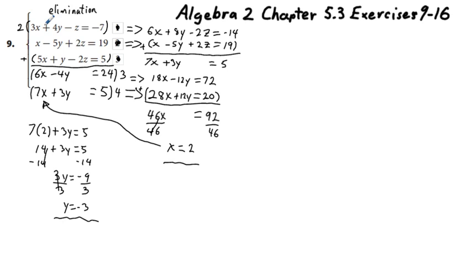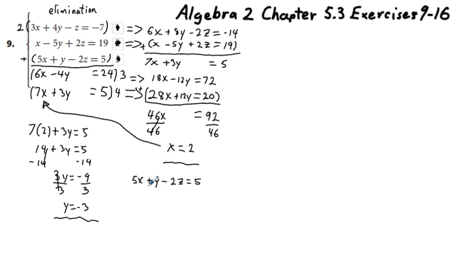And finally, I'm going to take this top equation here, or I can take any one. I'll take this bottom one. I'm going to take this 5x, I'm just going to write it out, 5x plus y minus 2z is equal to 5.